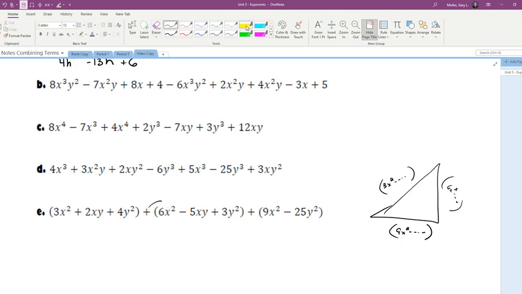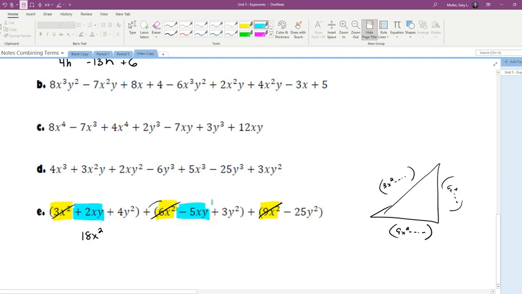All right, so let's just go through and find the like ones. So 3x squared, 6x squared, 9x squared. So 3 plus 6 is 9, plus 9 is 18. I have 18x squareds. Next, let's do the xy's. So I have positive 2 of them, minus 5 of them, and that's it.